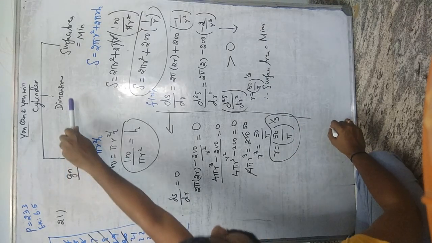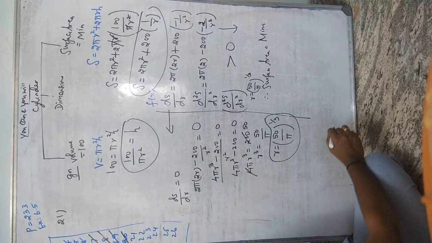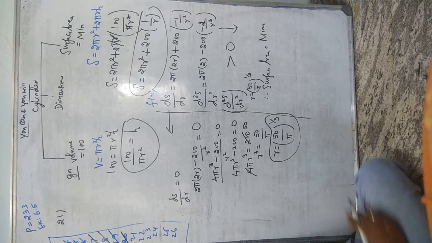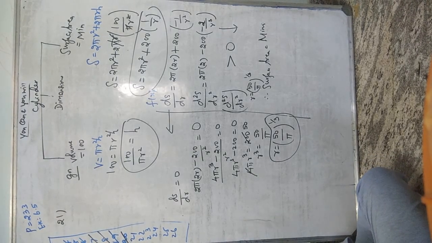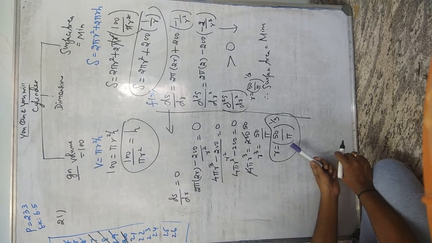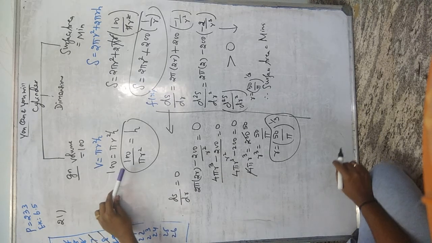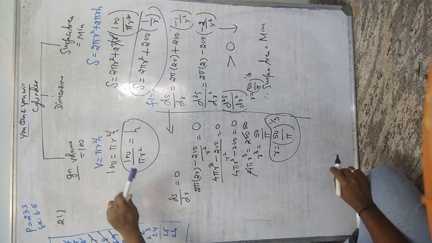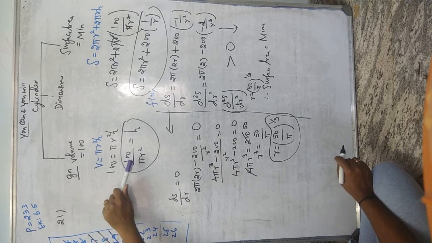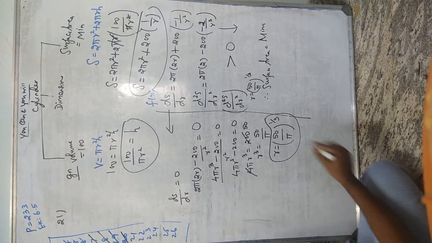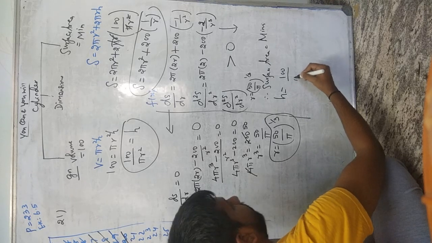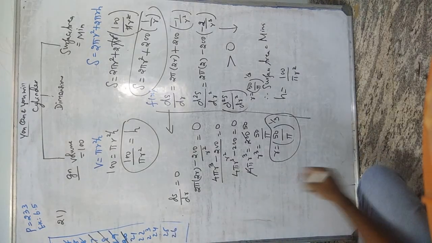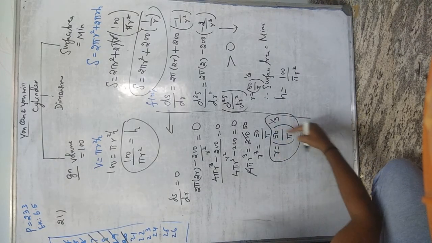Second, what do I have to find out? The dimensions. What are the dimensions of a cylinder? You have to find out the radius value and the height value. Already I found the radius value. Now I have to find the height value. So I substitute in place of h: h equals 100 upon πr². r equals (50 by π) power 1 by 3.